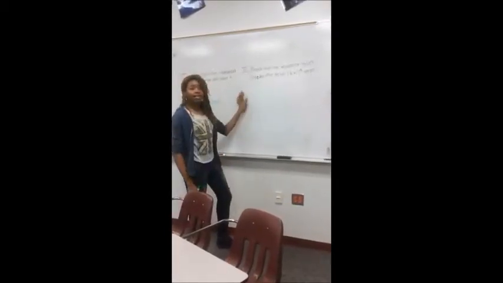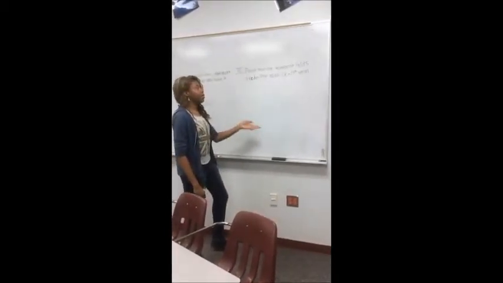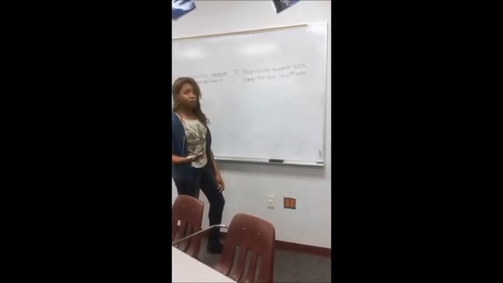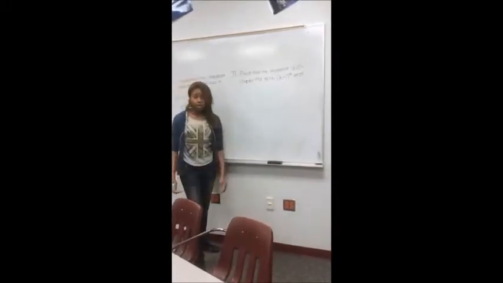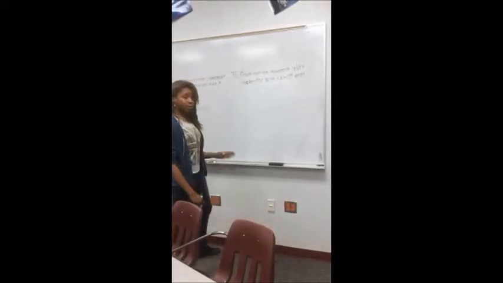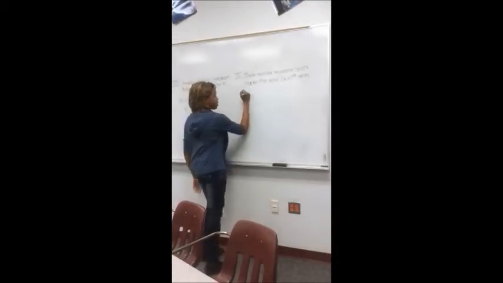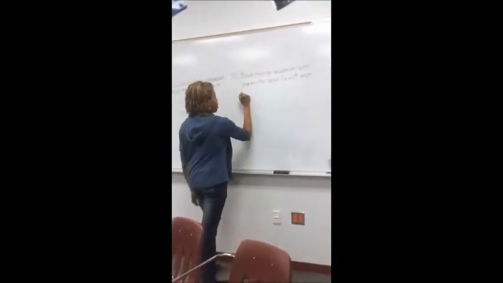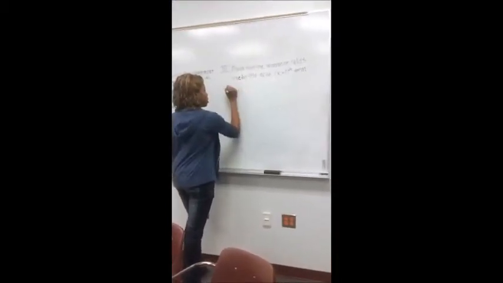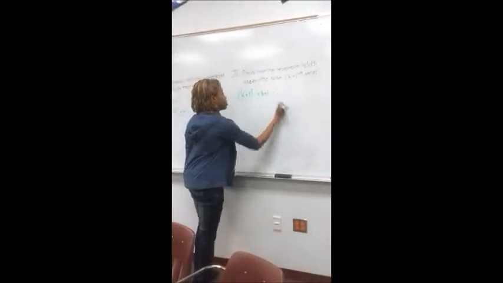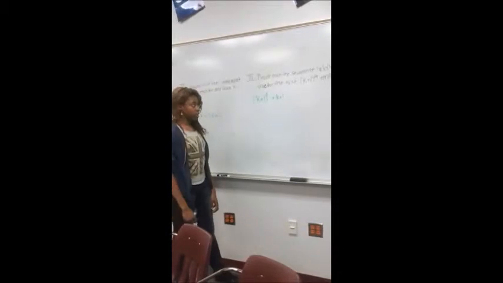Okay guys, our last step is to prove that the statement holds true for the next term, or in other words, the k plus 1th term. In this step, we just substitute k plus 1 into our original equation, n squared plus n. So we do k plus 1 squared plus k plus 1. After this, it's simple enough.